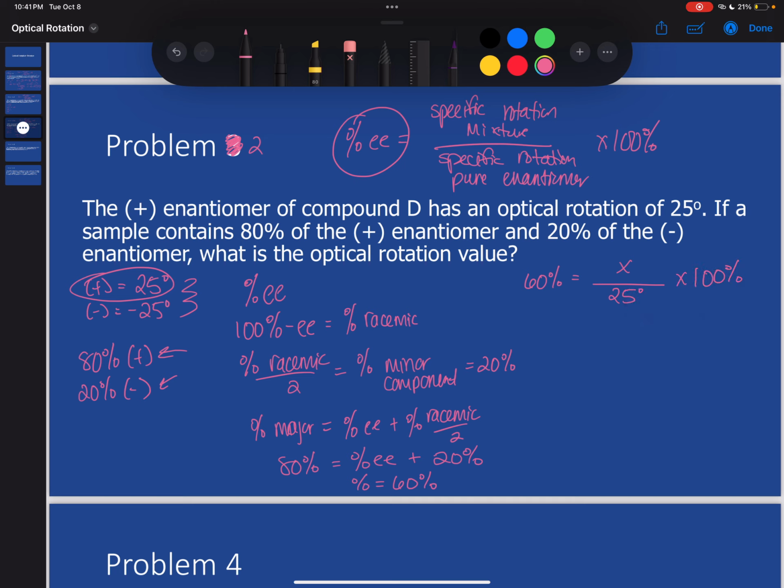So now all I have to do is solve for X. So the first thing I would do is divide both sides by 100. So 60 divided by 100, and then I would multiply by 25. So I'm getting that I should have an optical rotation of positive 15. That should be the value of the mixture to get this composition, but we can check that.